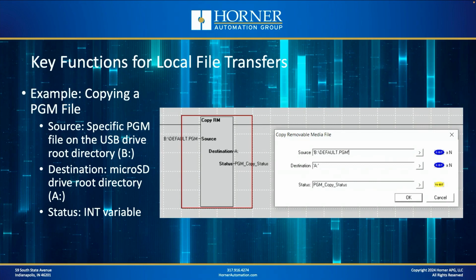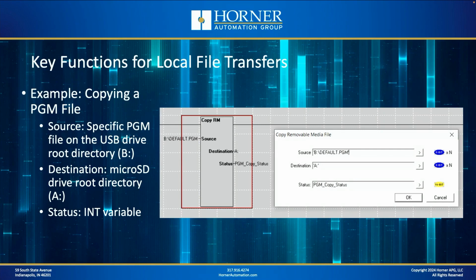All right, so let's take a look at this example where we have typed in directly the paths for the source and the destination. So our source is, as you can see there, b:/default.pgm, all between single quotes. So it's a specific file name that we've specified for the program that we're going to be copying. And B indicates that we're talking about the USB drive.